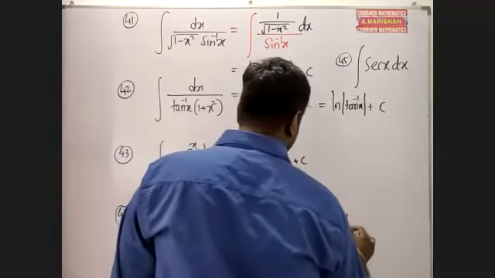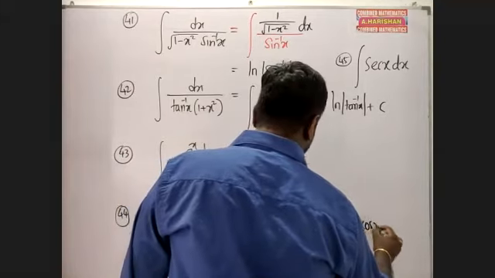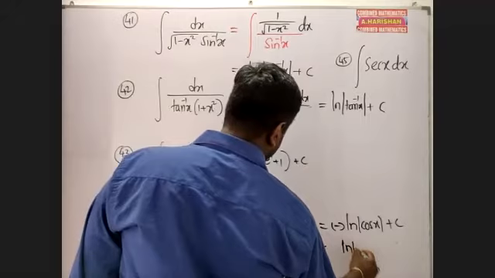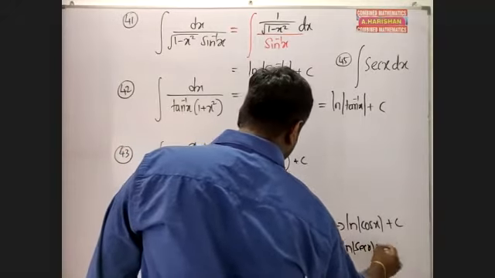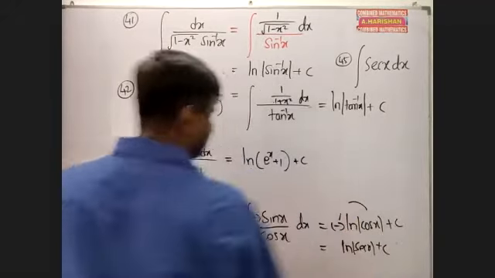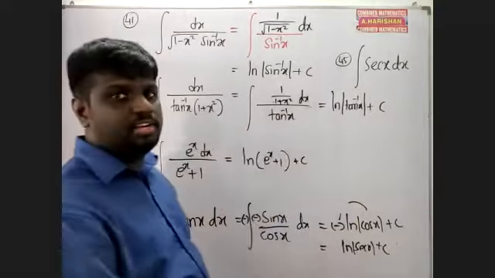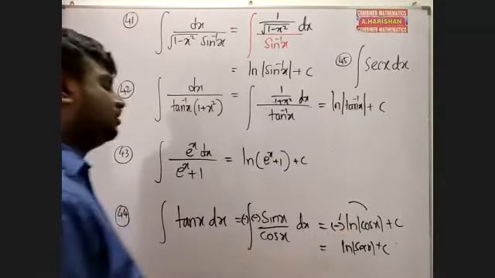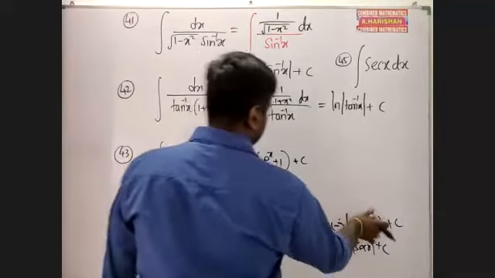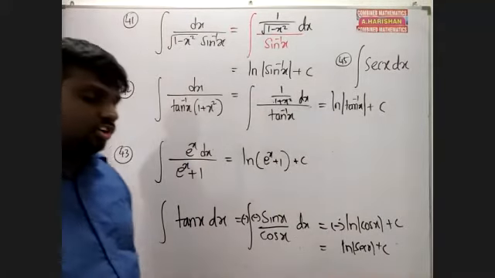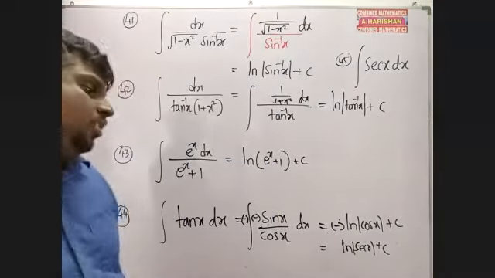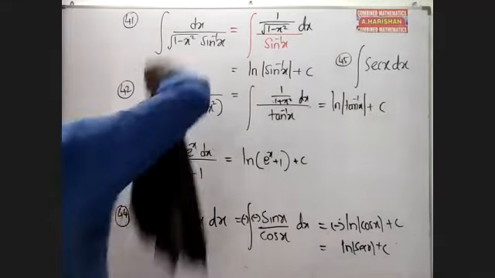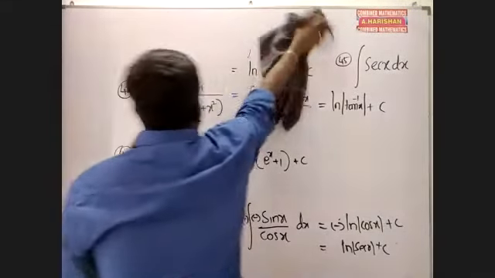So minus ln cos x plus c. Later you can write that as ln sec x, because you take the minus inside, cos x to the power minus 1 is 1 over cos x, so ln sec x. So the integral of tan x is minus ln cos x or ln sec x.